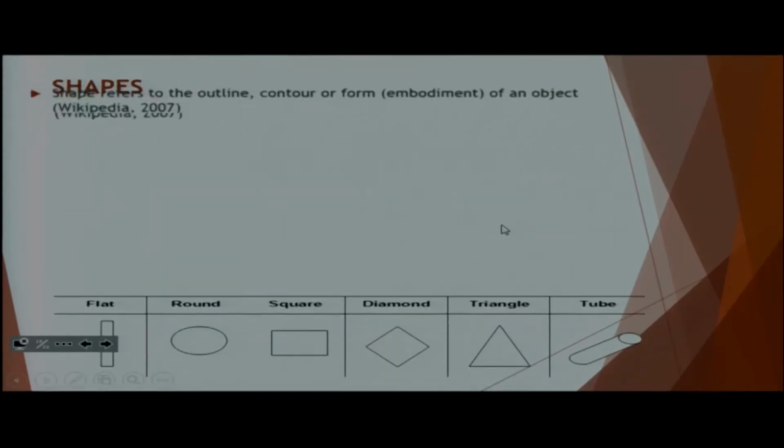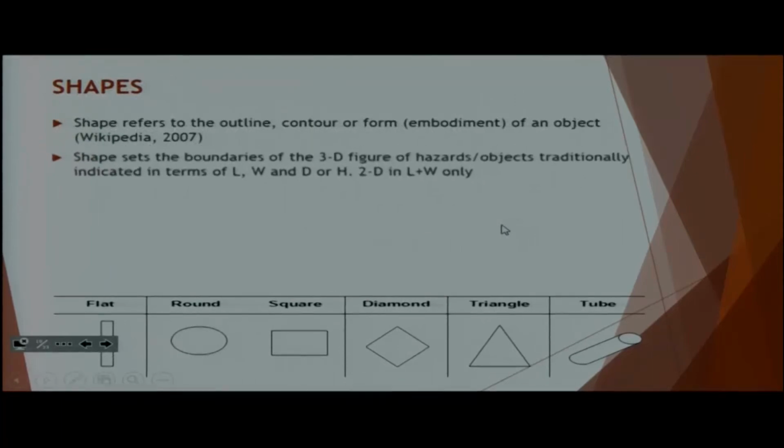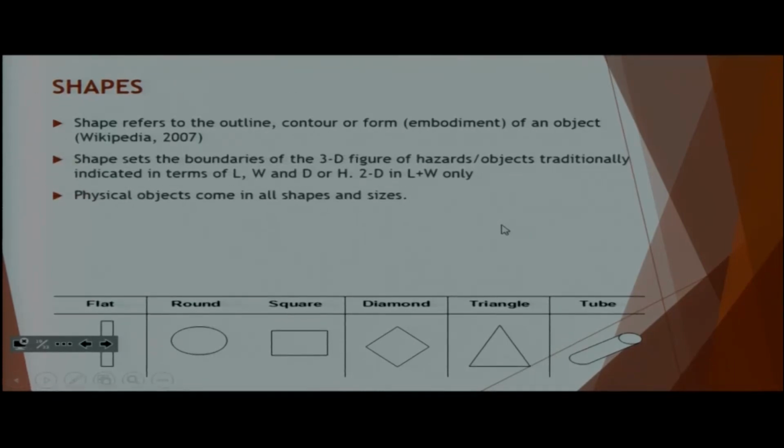Shapes. Shapes refer to the outline, contour, or form, the embodiment of an object. A shape sets boundaries of a three-dimensional figure or hazard object, traditionally indicated in terms of length, width, and dimension or height. Physical objects come in all shapes and sizes.